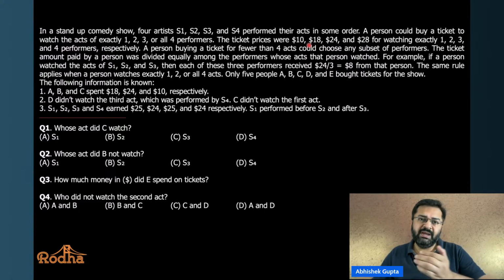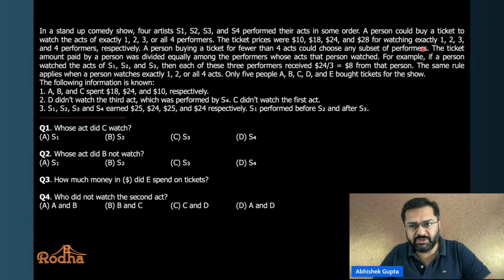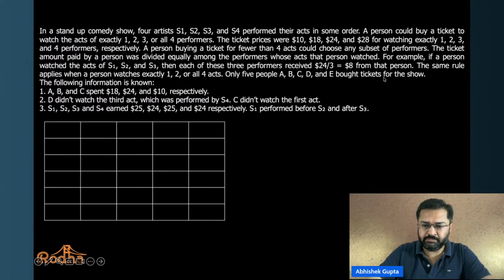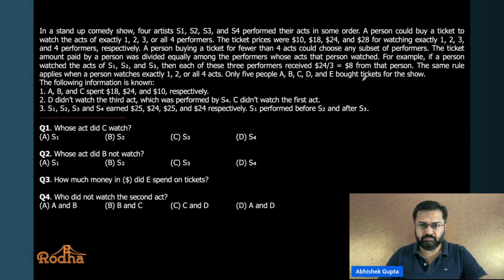It would be 18 by 2, $9 per act. Do you understand the difference? If you're watching just one, then you're paying 10. If you're watching two, then you're paying just 9. So I'm just going to write them here. So if somebody is interested in watching just one performer here, how much would the person be paying?